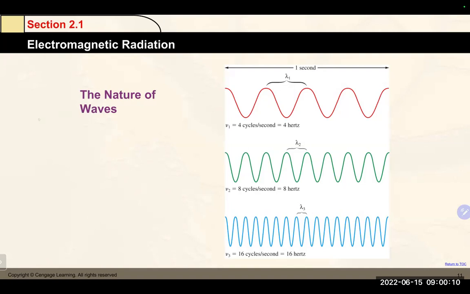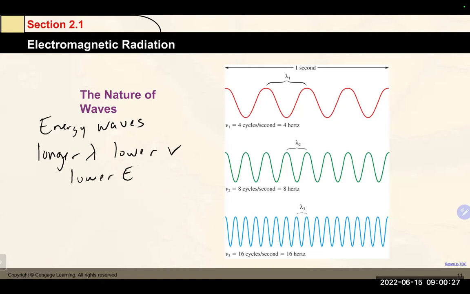So again, the relationship, as we will see, in terms of energy and our waves is the longer the wavelength, the lower the frequency and the lower the energy. And the shorter the wavelength, the higher the frequency and the higher the energy associated with it.